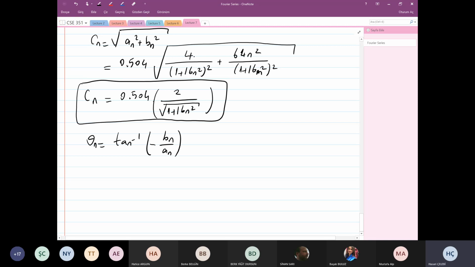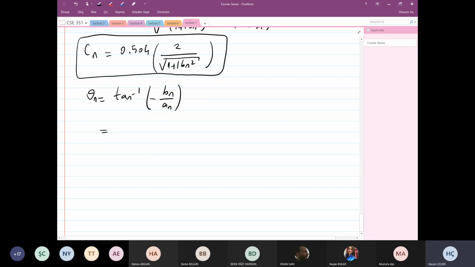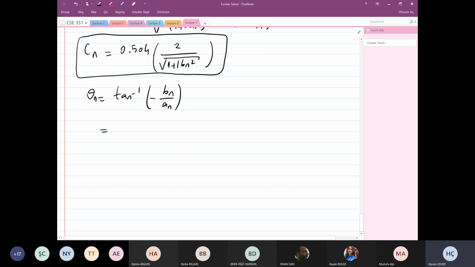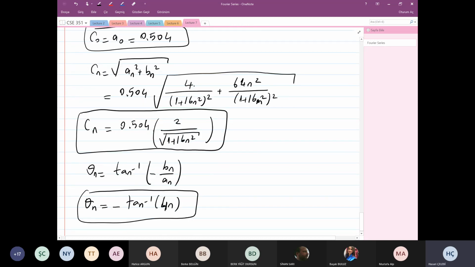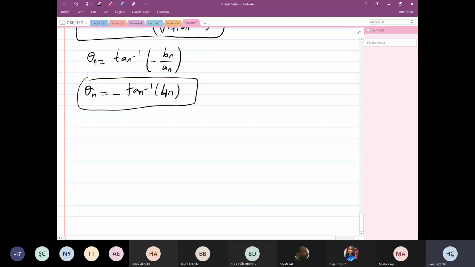And if you plug in, you're going to see that theta n is equal to minus arctangent 4n. This is my theta n. So we had the three unknown parameters C0, Cn, theta n, and we determined them.